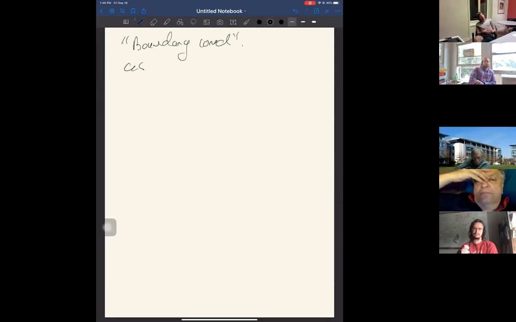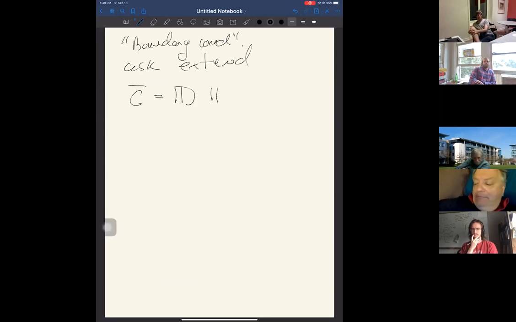We ask that it extend to a map to C bar, which is going to be this D union, same picture I had before, two disks. D union what I'll call D infinity. D infinity is going to have one more point in it. Well, I was going to call it infinity.